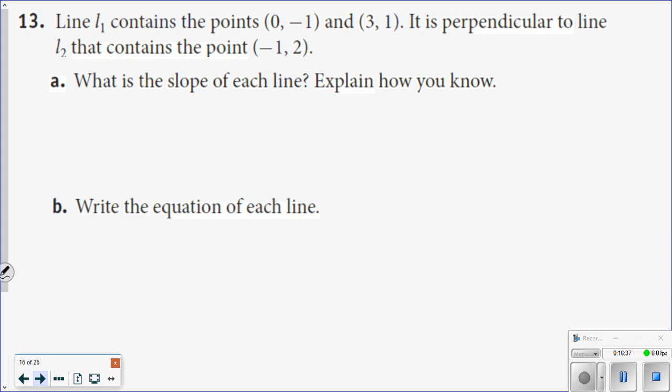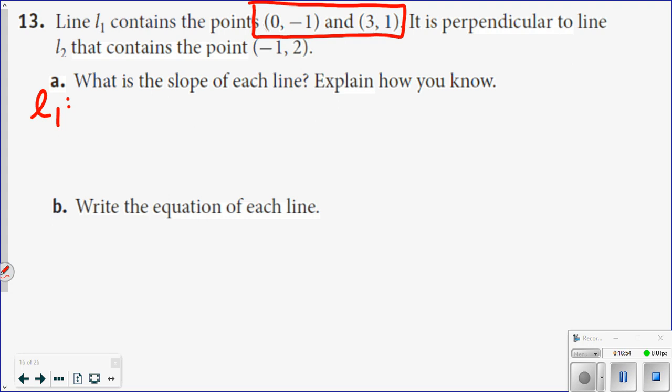We need to find the slope of each line. Well, let's find the slope of line 1 first, between these 2 points. Well, how do we find the slope between 2 points?